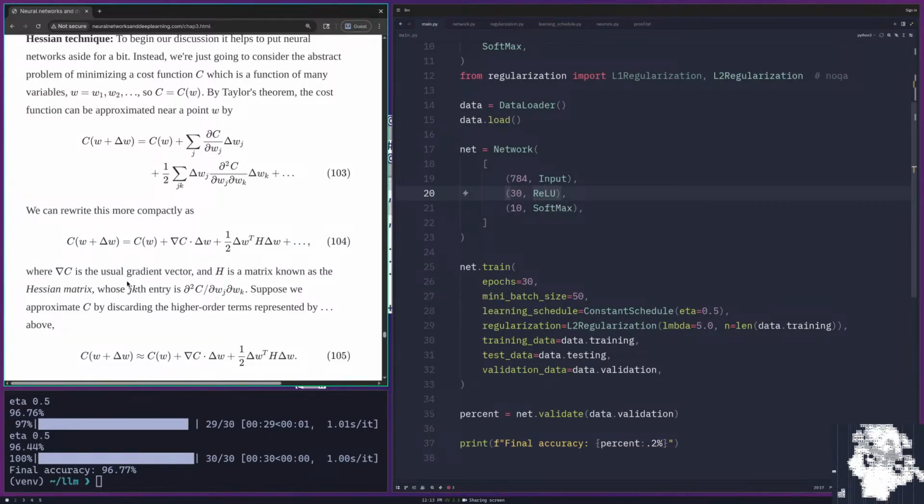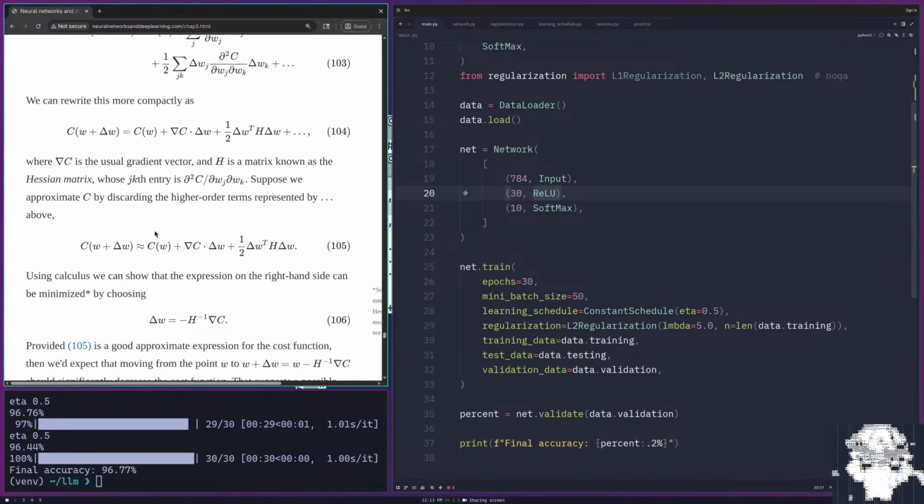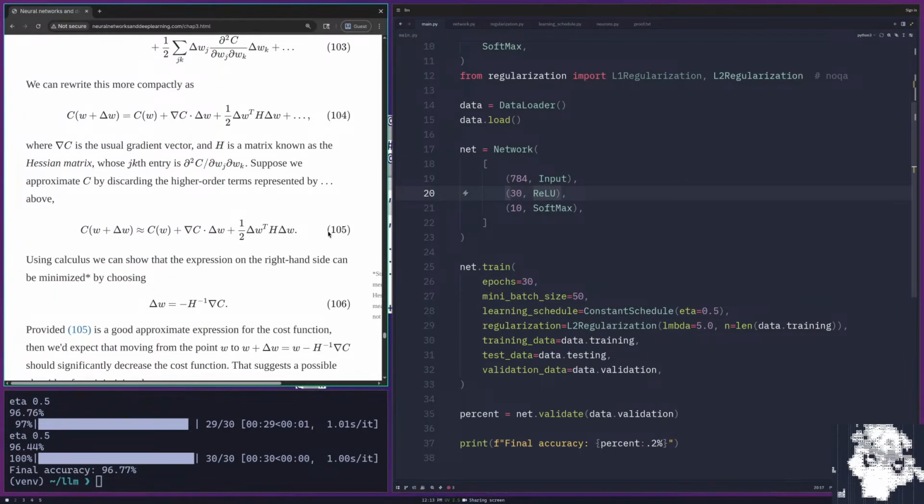Suppose we approximate C by discarding the higher order terms represented by the etc. above. So now we've just got approximately equal, and we don't have the terms after the first two.